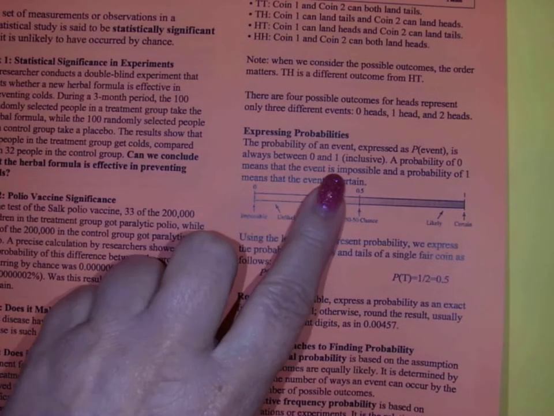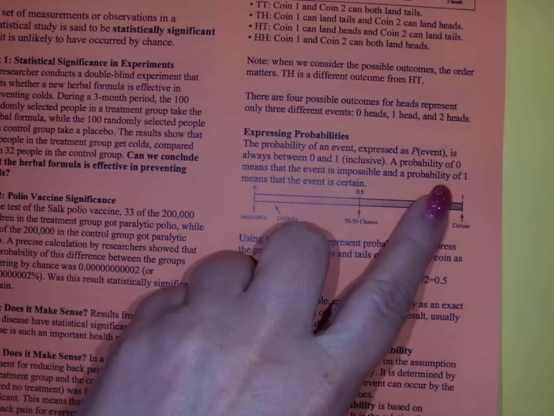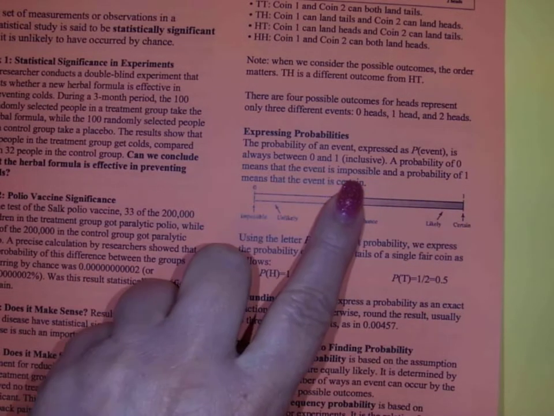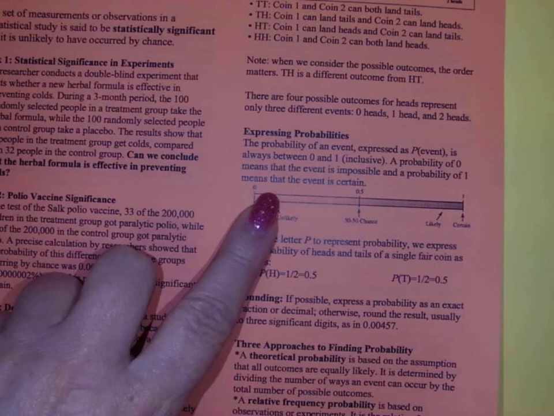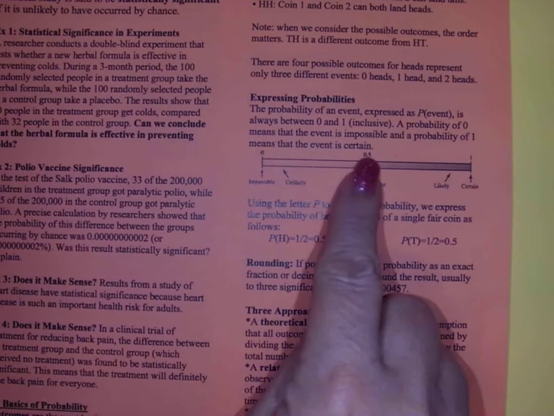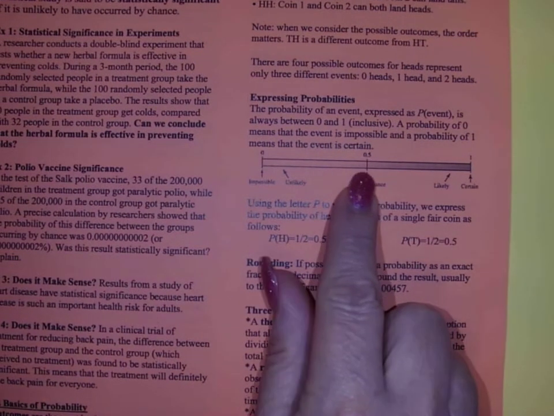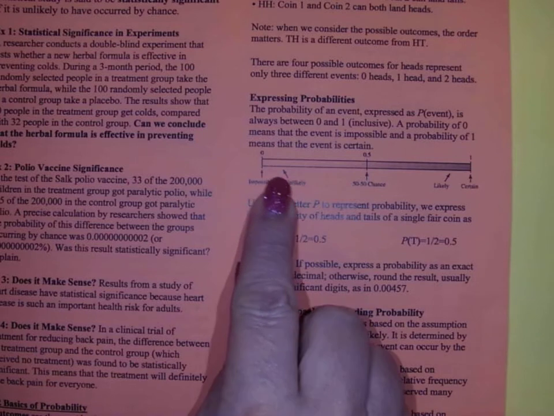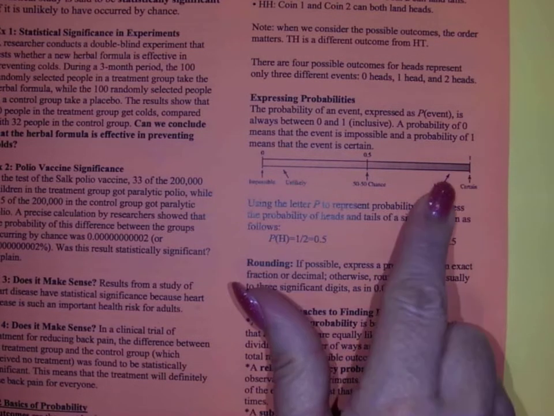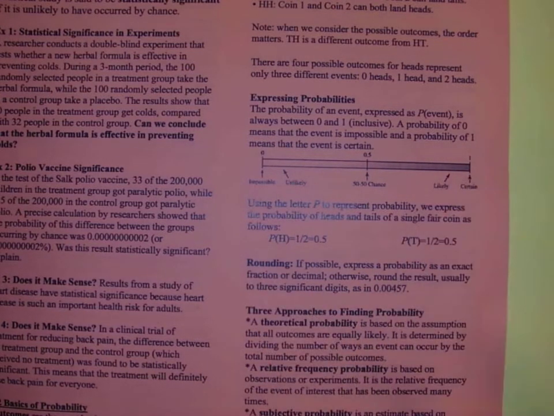A probability of 0 means that the event is impossible, never going to happen. And a probability of 1 means that it's certain. In the middle, you'll have a 50-50 chance, and at the impossible side, it's unlikely, and at the 1, it's likely to occur.